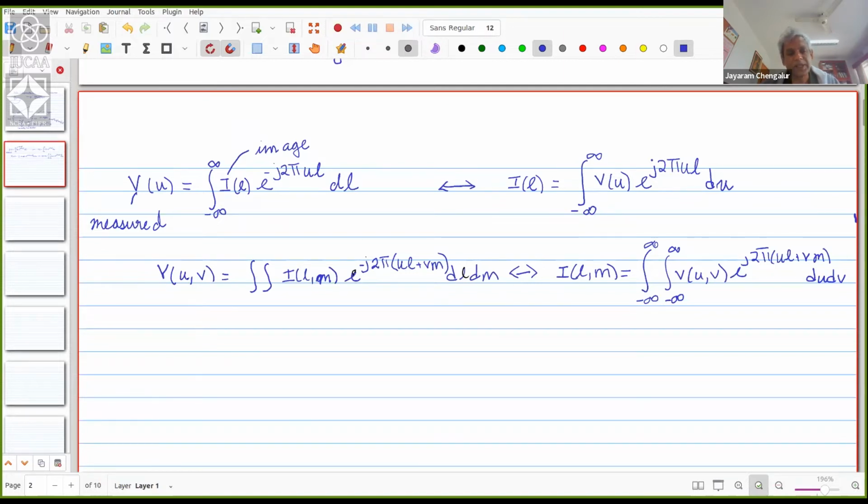Once I know it, I can invert it and get the sky distribution. So that's basically how interferometry works.